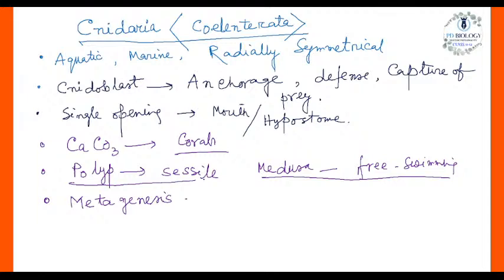Polyp produces medusa asexually and medusa forms the polyps sexually. One of the important examples is Obelia. The concept is clear.